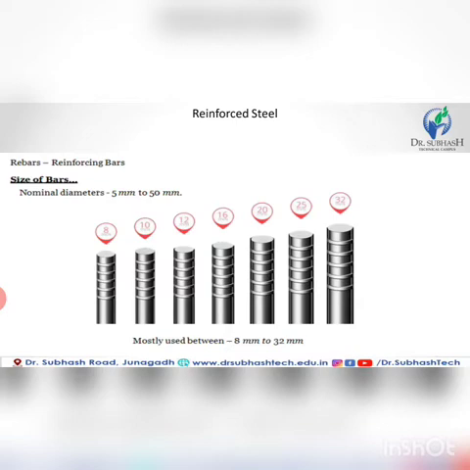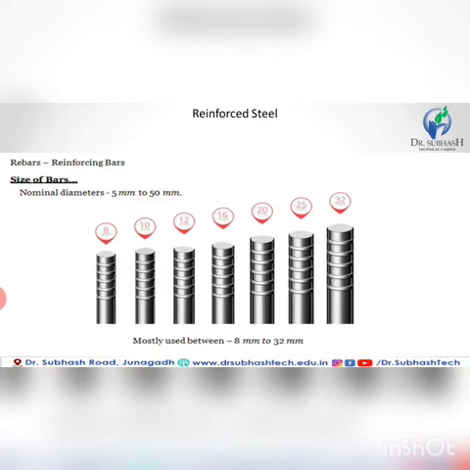MS bars are very ductile. They are not preferred over high yield strength deform bars because of their less strength and weak bond.